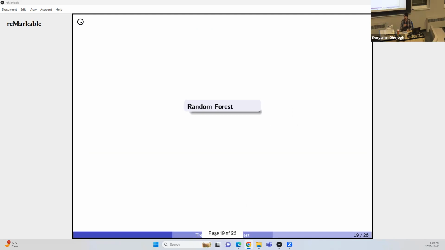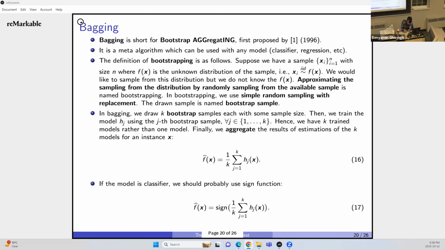Now let's talk about random forests. For random forest, you need to understand bagging. Bagging is nothing related to a bag. Initially, when I learned that, I thought it was related to a bag. No, it's short for bootstrap aggregating.